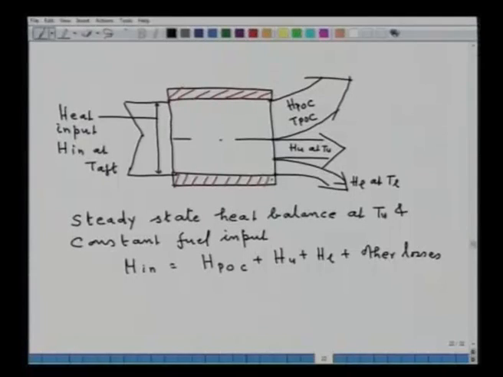Now, we define, for example, if we divide by H in, so let us take this as equation 1.